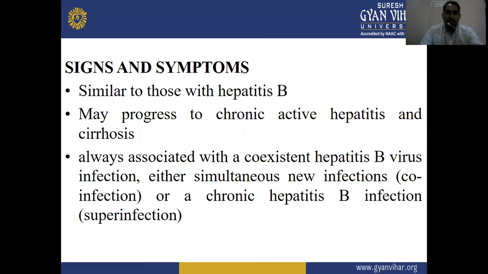Cirrhosis means damage to a portion of the liver. It is always associated with a coexistent hepatitis B virus infection, either a simultaneous new infection, like co-infection, or a chronic hepatitis B infection, called superinfection.